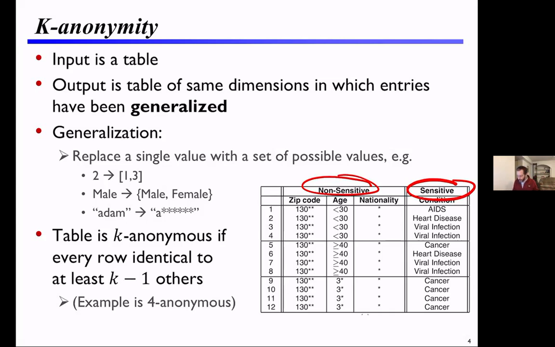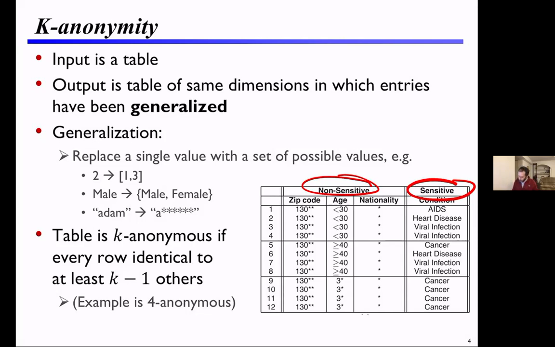These are the things that are generalized, and so the criterion is that if I look just at the non-sensitive attributes of the rows, then every row after generalization should have non-sensitive attributes equal to the non-sensitive attributes of k-1 or more other rows.